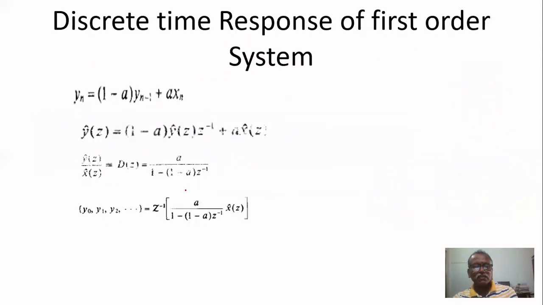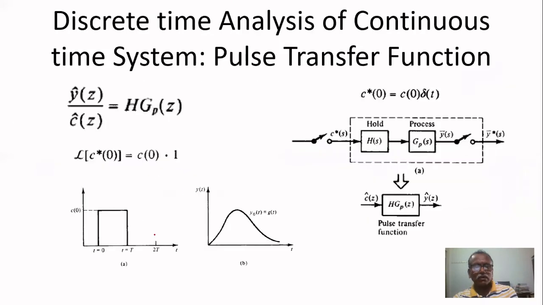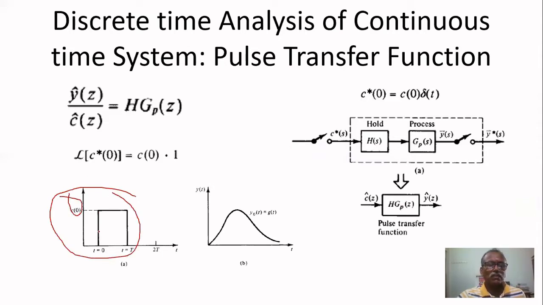We will see this by one example. Here at the 0th instant, you are giving an impulse input to this system, whose magnitude is C naught. The hold circuit will convert this impulse into a rectangular pulse.